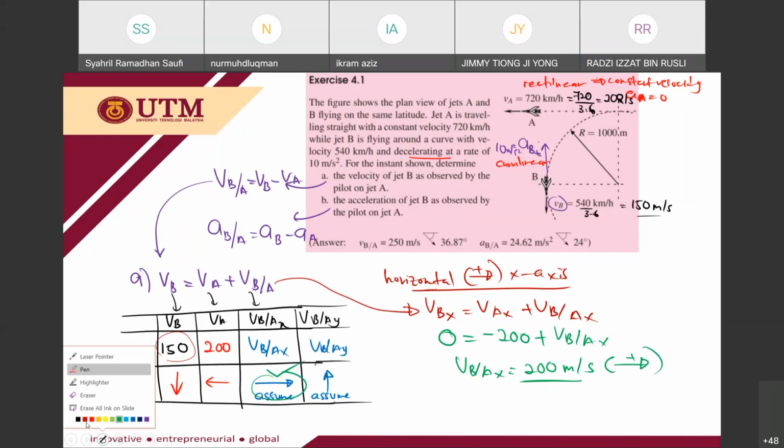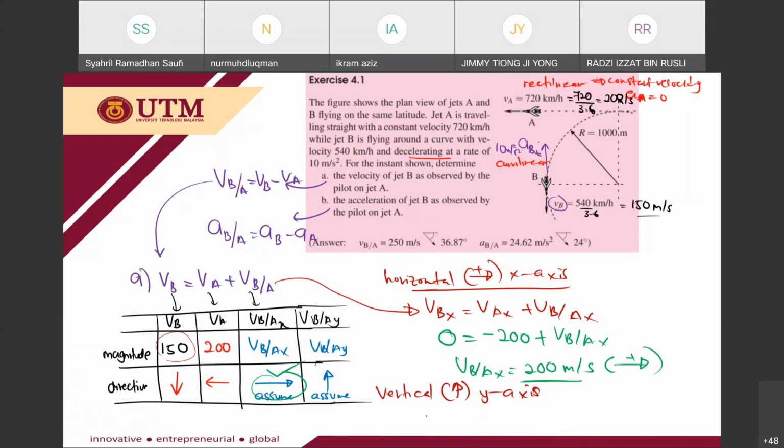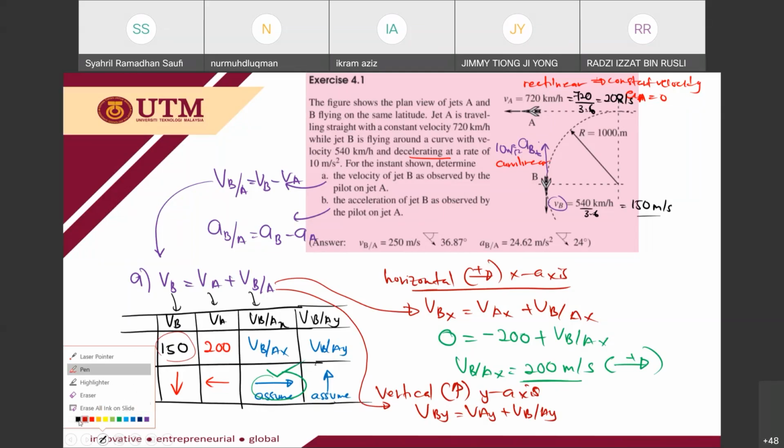Along the vertical, upward is the positive y-axis. I use the same general equation, VBY equals VAY plus VBAY. I just substitute the values from the table.